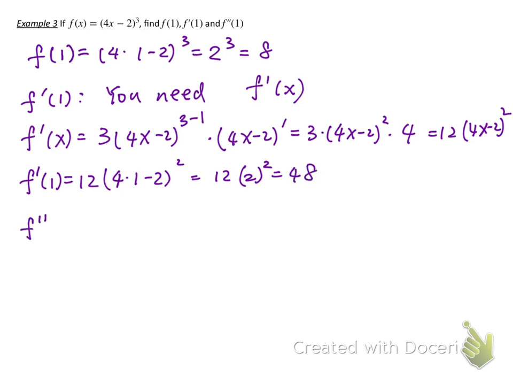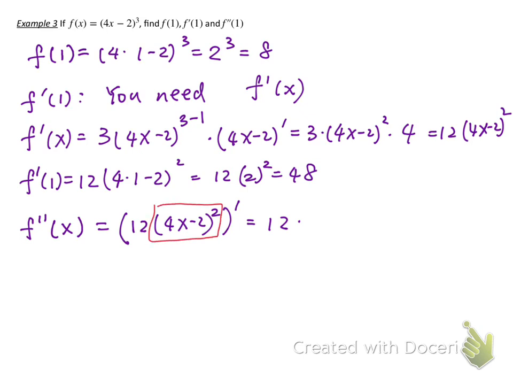Now f'', same thing. If you want to get f''(1), you need to get f''(x), which is (12(4x - 2)^2)'. It's f prime prime. And this is 12 times, you pull out the coefficient and then you differentiate that power. You pull the exponent out to the front, you lower it by 1, and since the base is not x, you differentiate it.